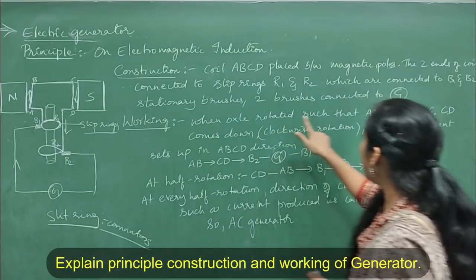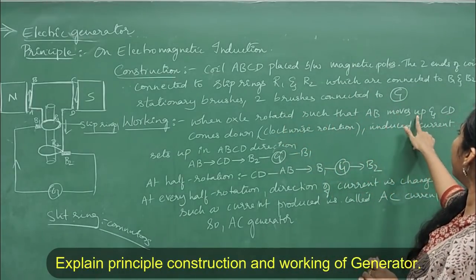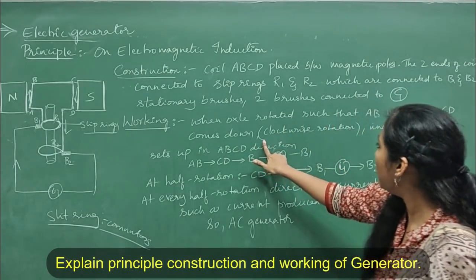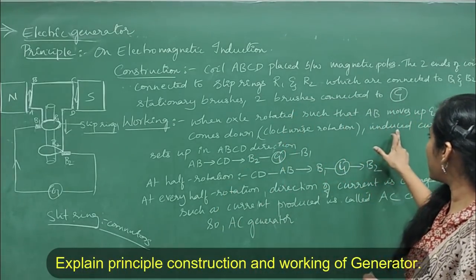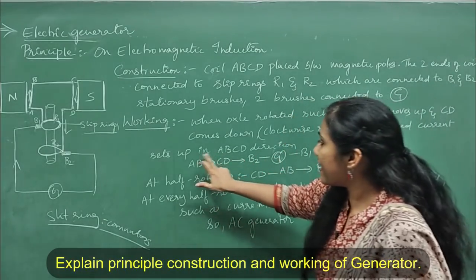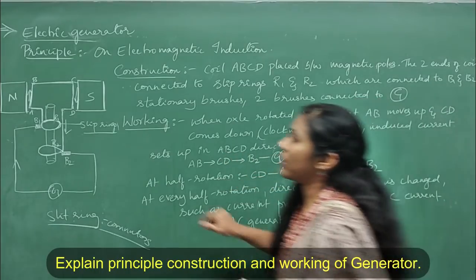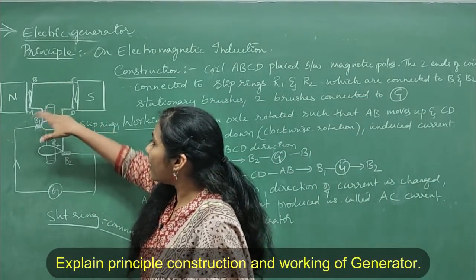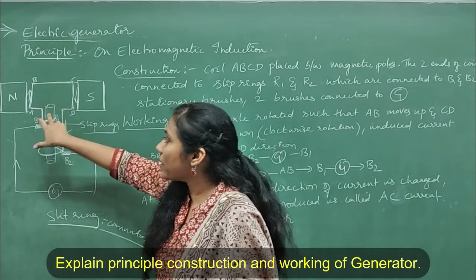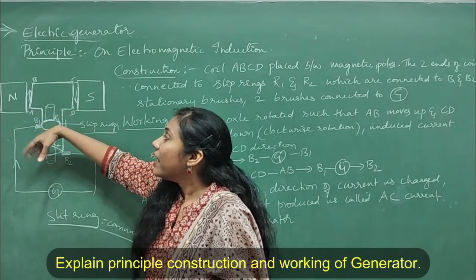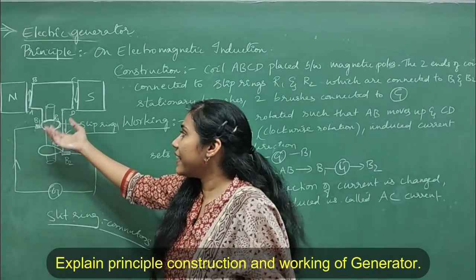So the axle is rotating in a clockwise direction, and induced current is set up in the direction ABCD. Whenever the coil is rotating, a change in the magnetic field takes place, and that is responsible for inducing a current.